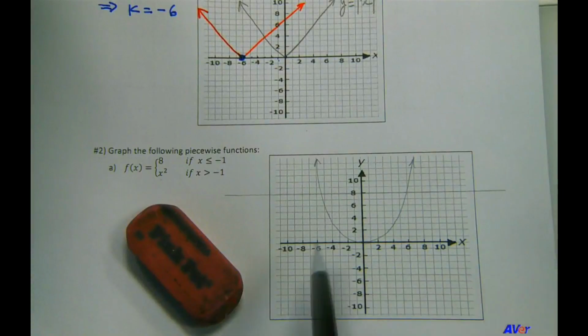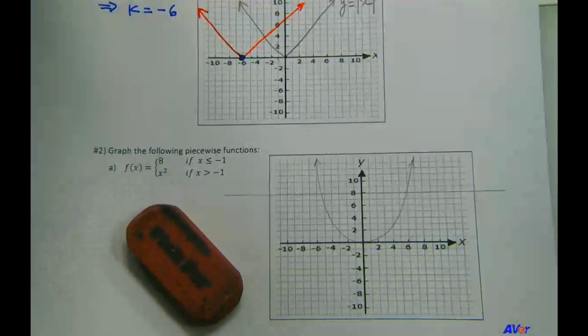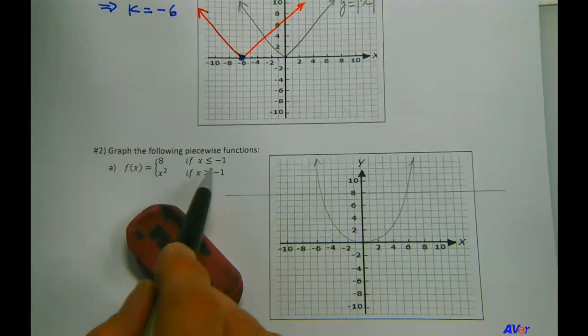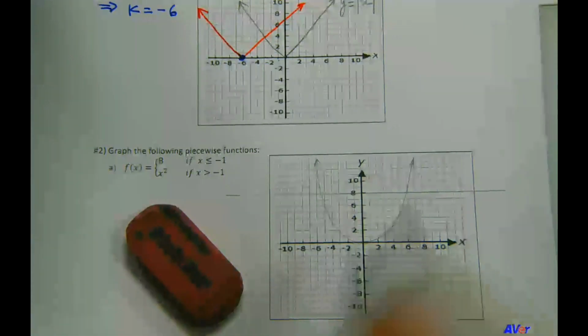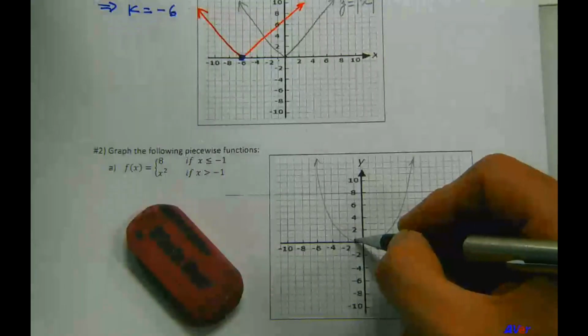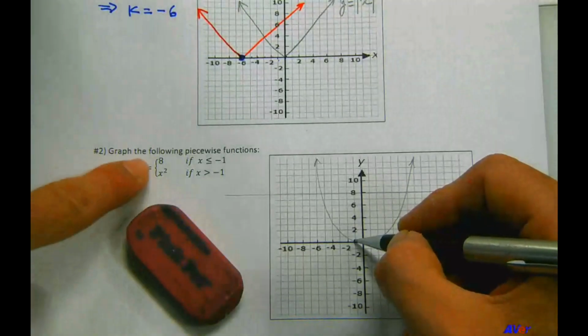So there it is, my eraser. And we're going to have to erase the piece that is not relevant to this function. So now let's take a look at the function conditions. If x is less than or equal to -1, that is right here, then the function is equal to 8.